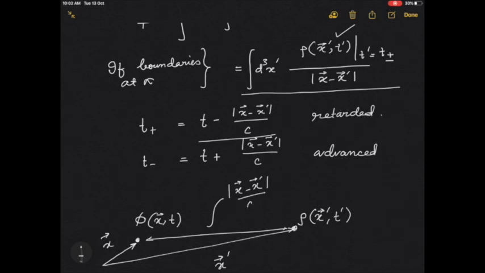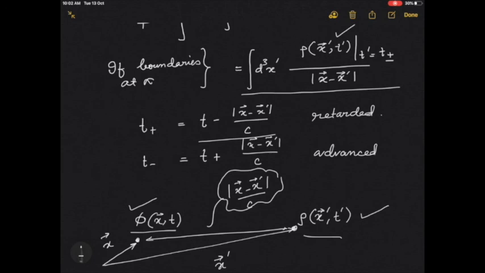And the time a light signal takes to go from x prime to x is given by mod x minus x prime by c, because c is the speed of light. So what it is telling you is that to know the phi here, you need to know what is rho, which was there this much time earlier.